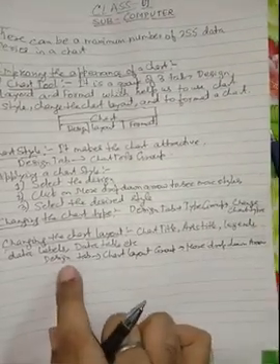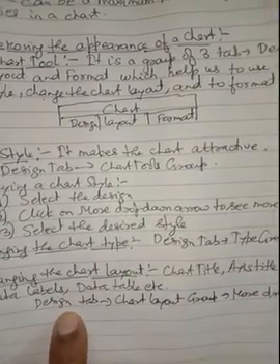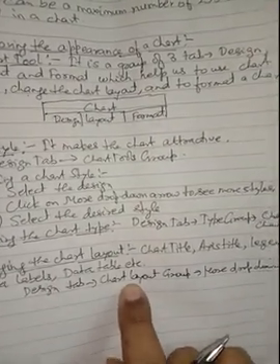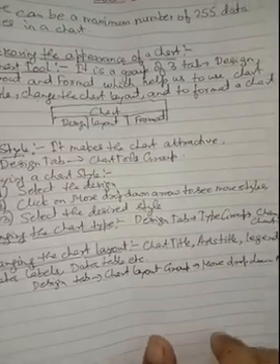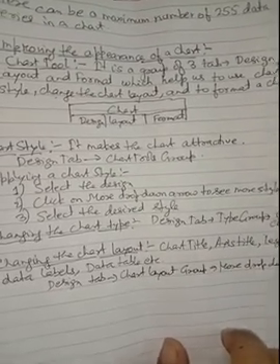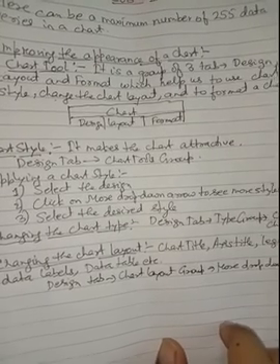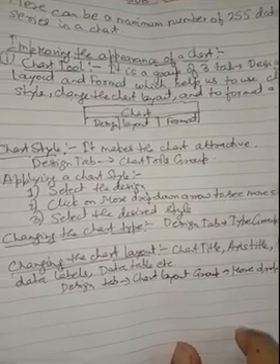So first of all we have to move to the design tab. From the design tab, move to the chart layout group, and from the chart layout group click on the more drop down arrow. Then select the desired layout. The chart will be updated to the new layout.